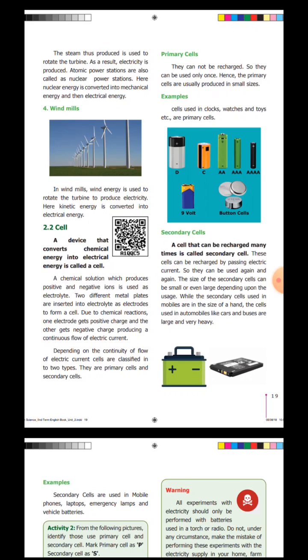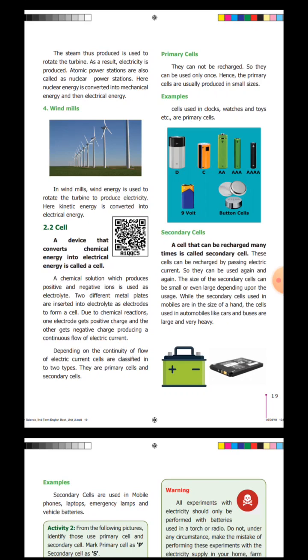Electrodes are electrical conductors that are used to make contact with a non-metallic part of the circuit. It is a semiconductor or electrolyte. Here, see, the two different metal plates are inserted in the electrolyte as electrodes to form the cell.